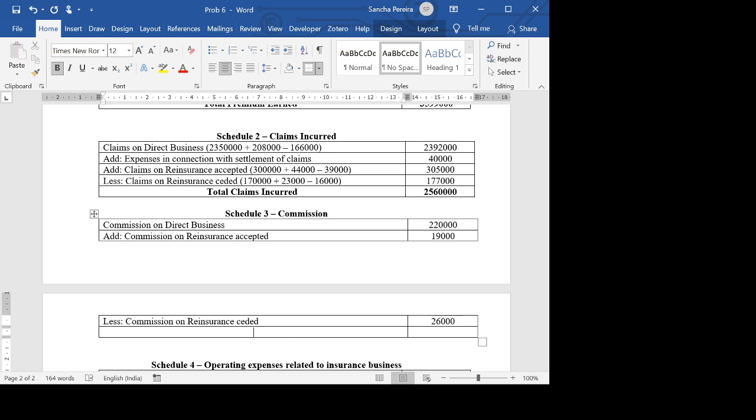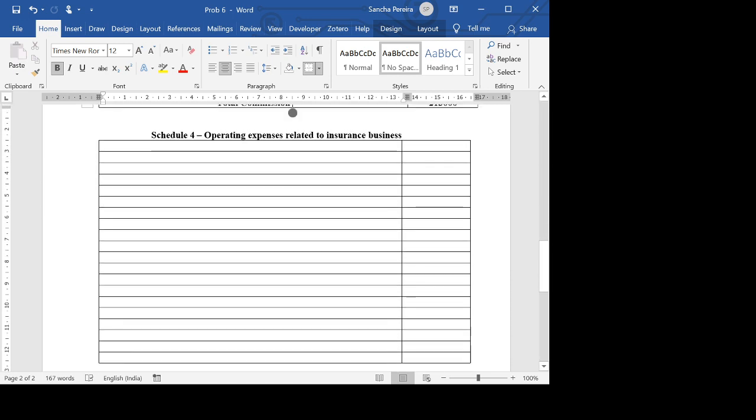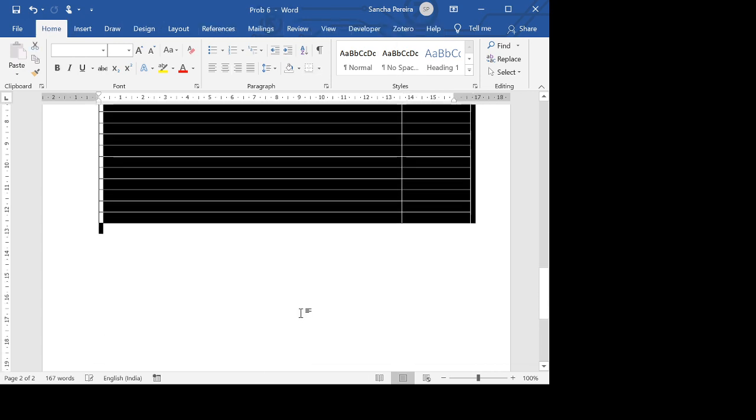So the total here comes to 2,27,000. Sorry, 2,13,000. This is our total commission. Now, when it comes to Schedule 4, we don't have anything because all the expenses are supposed to be general expenses. So we don't need Schedule 4.